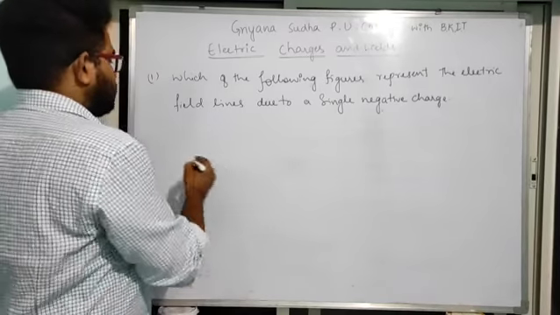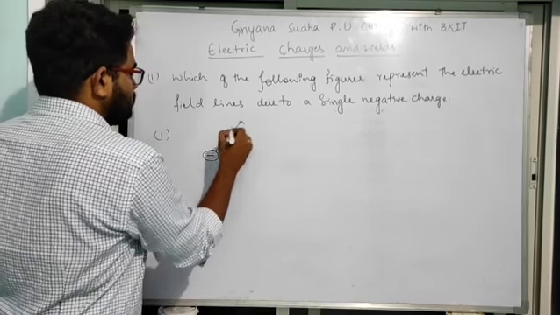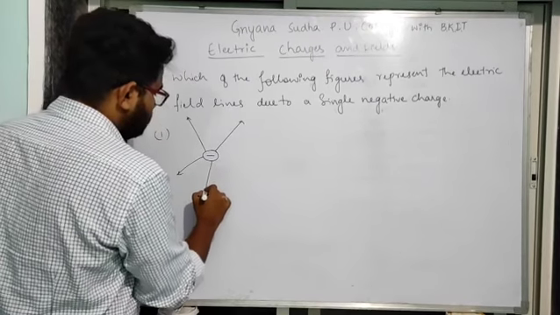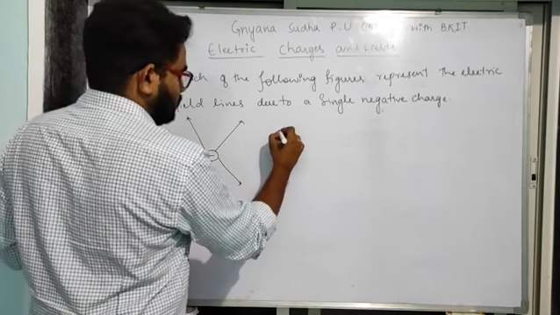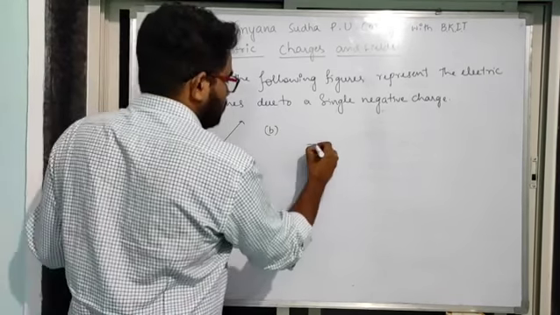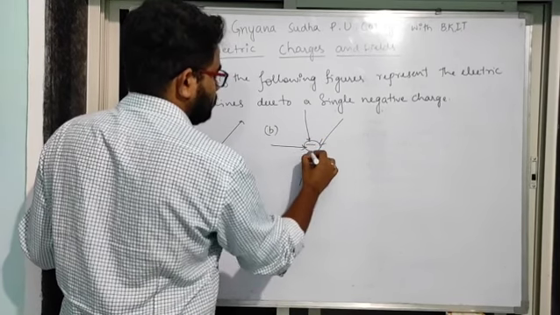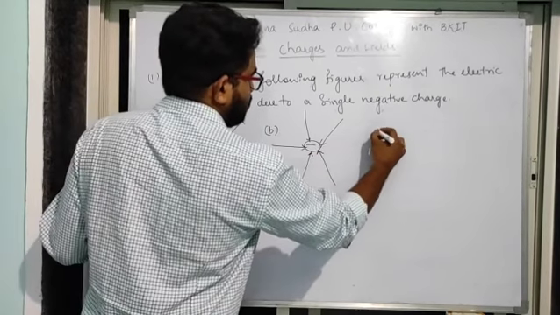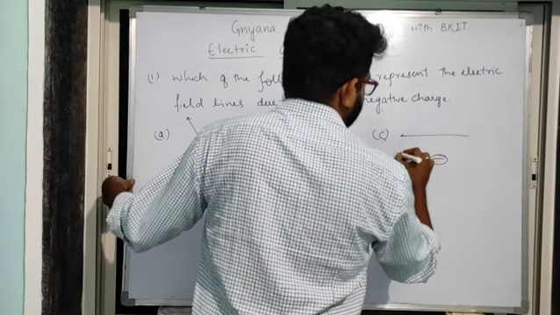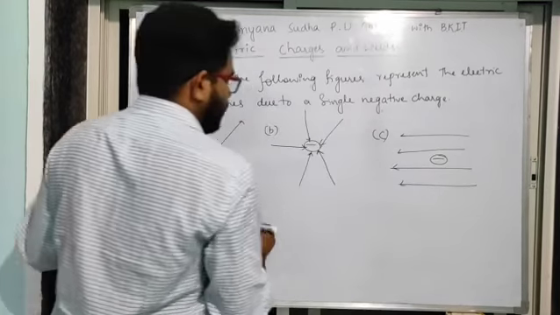Single negative charge. The figures are: this is option A, option B is this, option C, and option D is this.